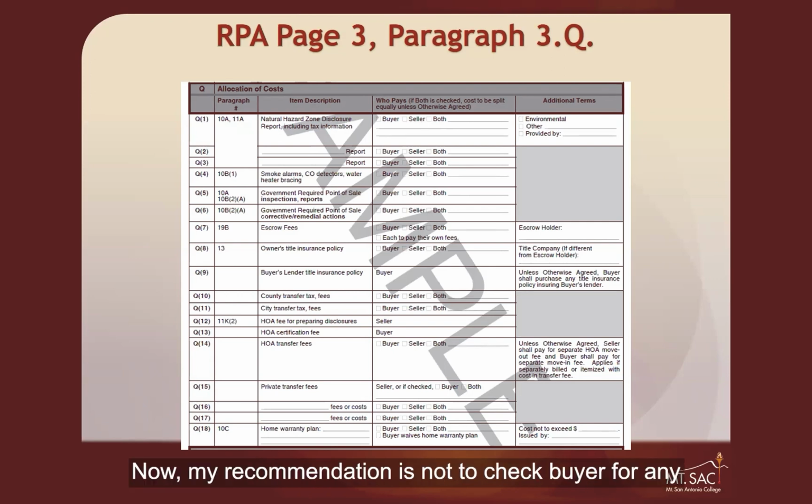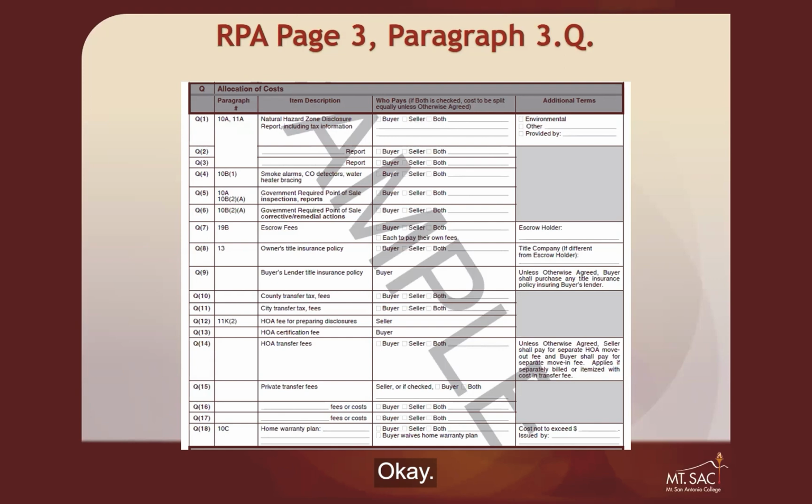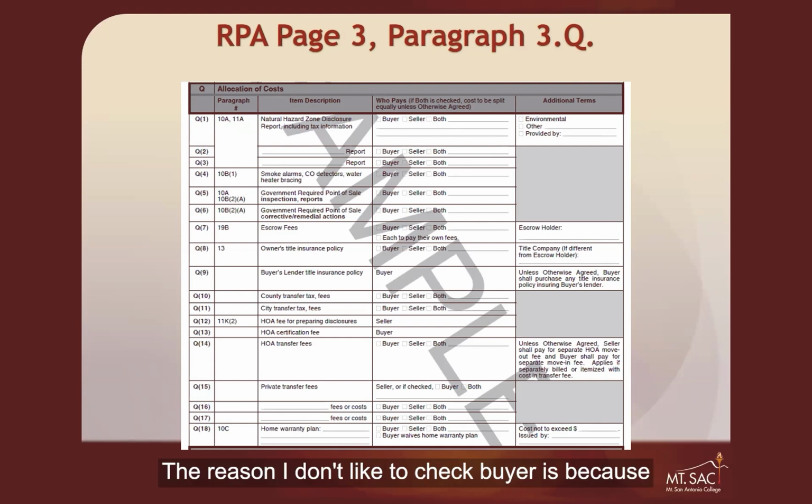Now, my recommendation is not to check buyer for any of these, except for perhaps sharing the cost of escrow, okay? The reason I don't like to check buyer is because the seller could care less if the buyer's going to pay for something or not, more than likely, right? But if the buyer then doesn't want to pay for something, who cares?